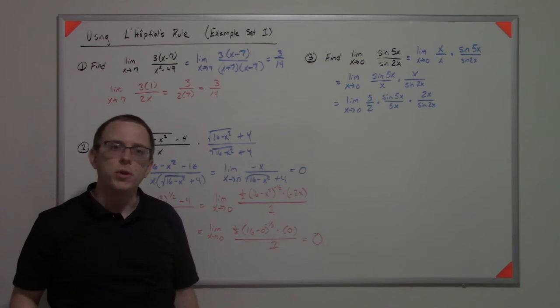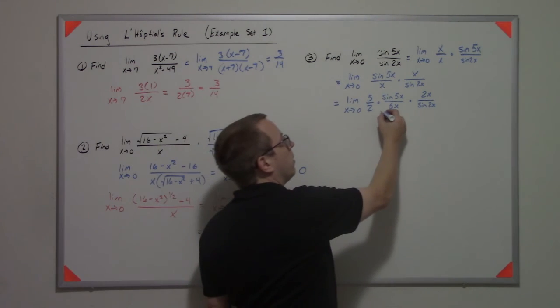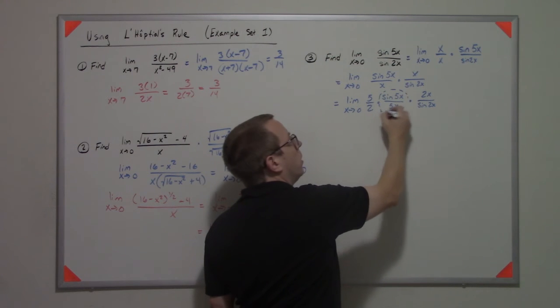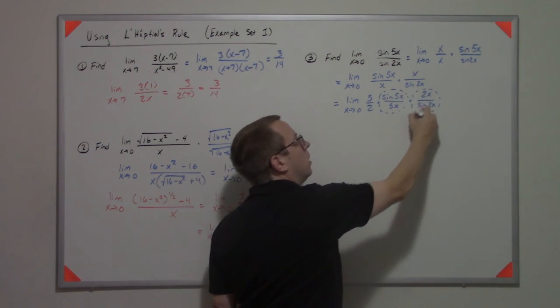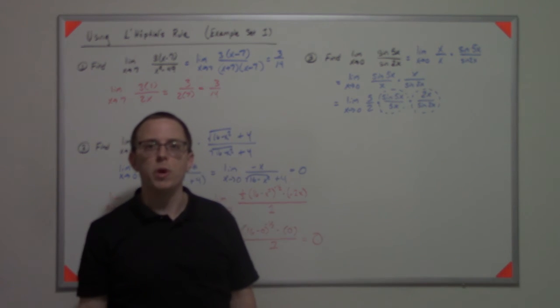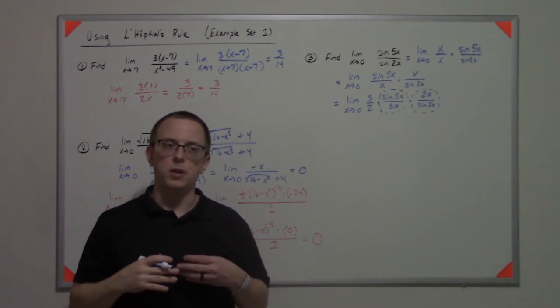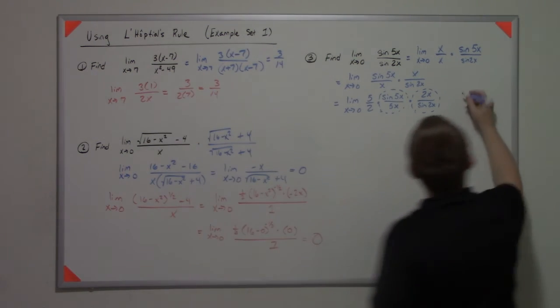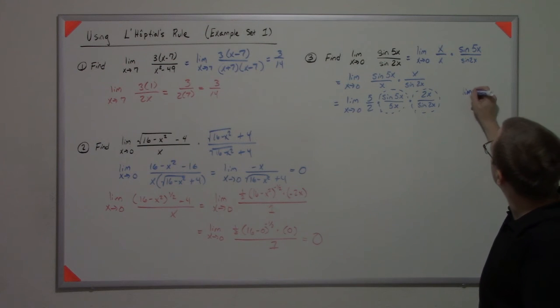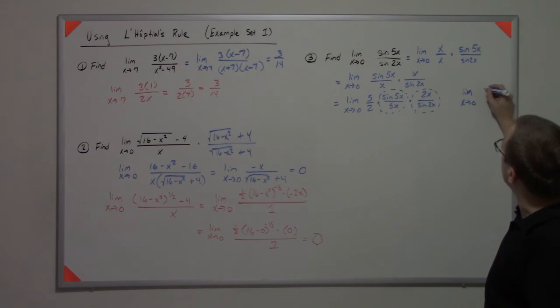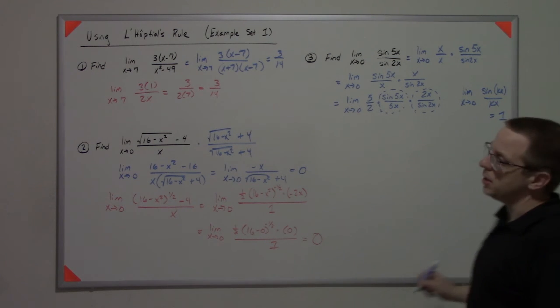The reason I want to do this is that by the squeeze theorem, both of those are 1. Remember the squeeze theorem tells us that the limit as x goes to 0 of sine of kx over kx is equal to 1.